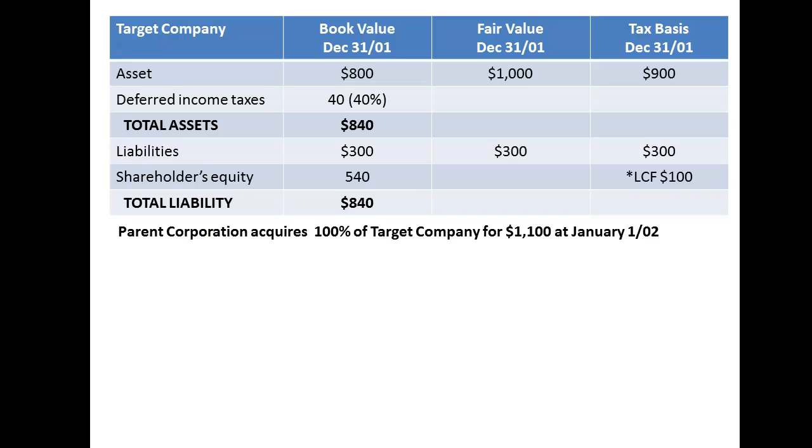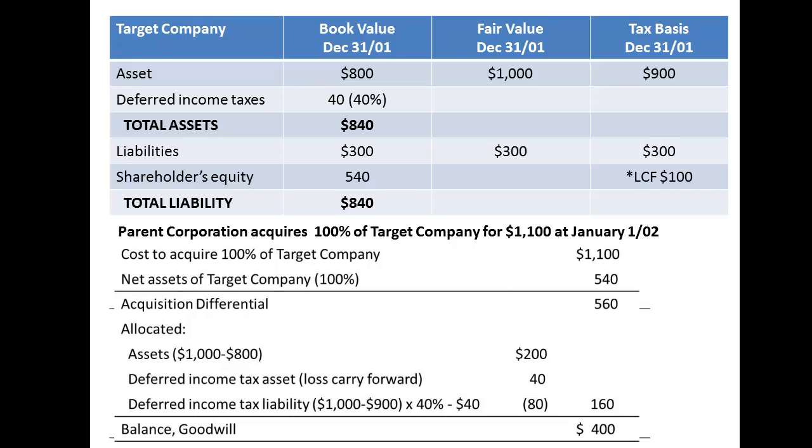So the same deal as the last time. Parent corporation acquires all the shares of target company for $1,100,000. Let's do the purchase price allocation. The same acquisition differential of $560,000 arises on the transaction. The same assets and deferred income tax liability for the fair value increments is calculated. However, because of the acquisition by parent corporation, Target now has greater confidence that it will be able to utilize the losses it has incurred for tax purposes.